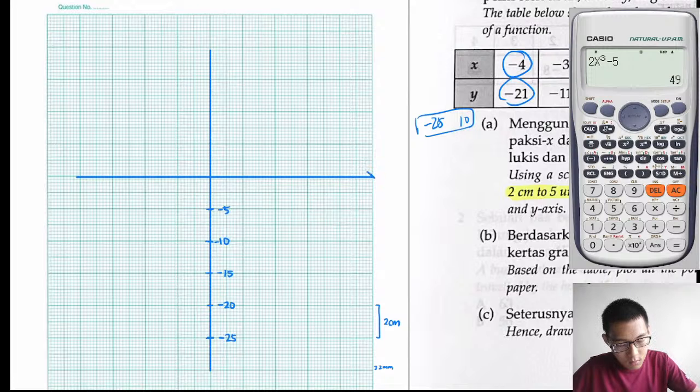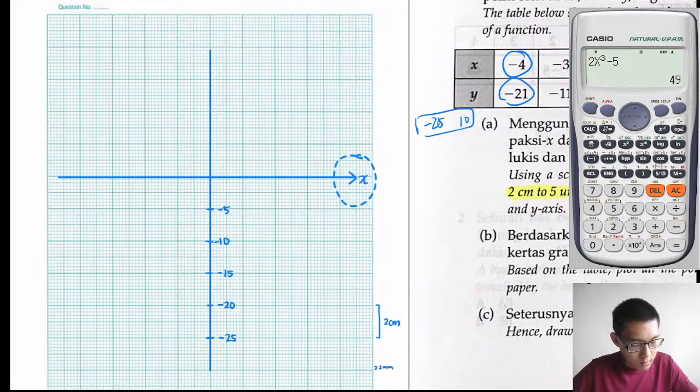Okay, so this is x. But I want to move a bit because I want to extend this. One, 2, 3, 4. Okay, good. Because here we have 1 to 3 only, so here we have 4, -4. So that's why I try to move a bit.